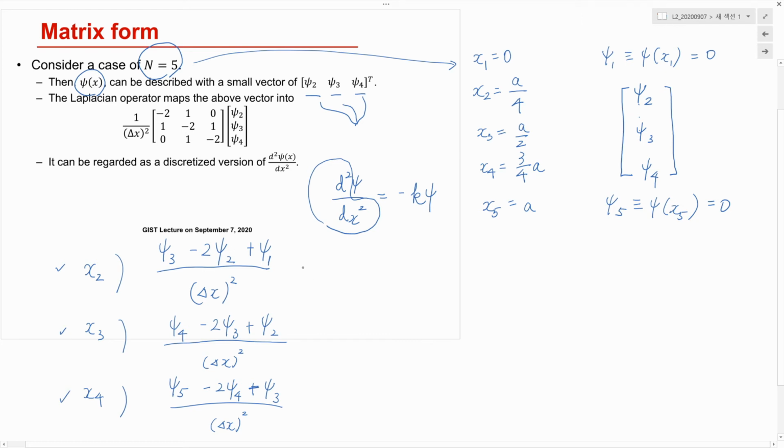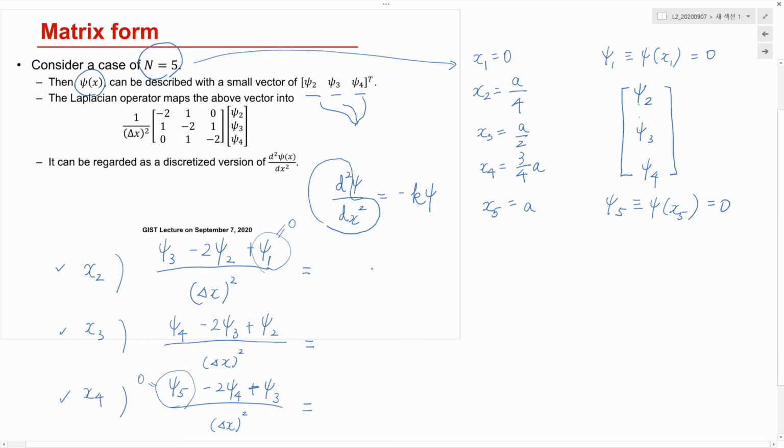But you know that here among them, for example, psi at x equal 1, this one is automatically 0, or psi at x equal 5, this one is also automatically 0.